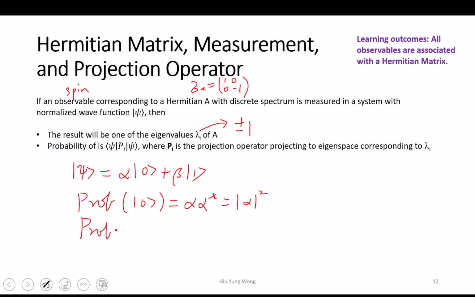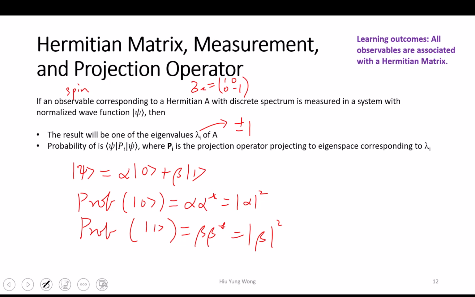The probability of measuring 1 equals beta star beta, the magnitude of beta squared. But this is not convenient. This is a simple case where we can see the coefficients, but when doing a derivation, you cannot do that, right?